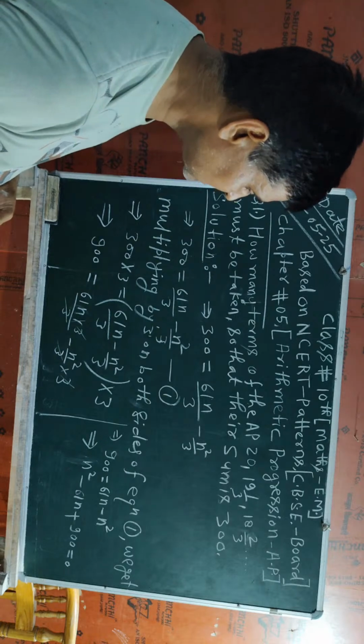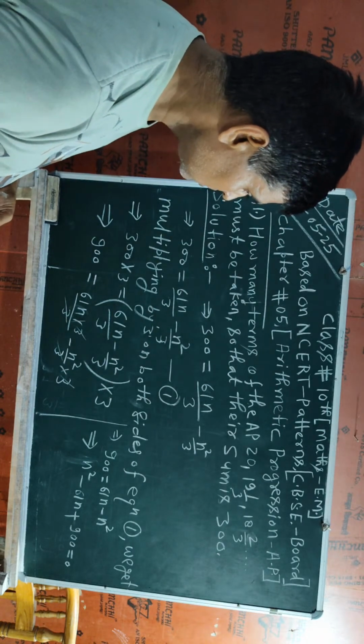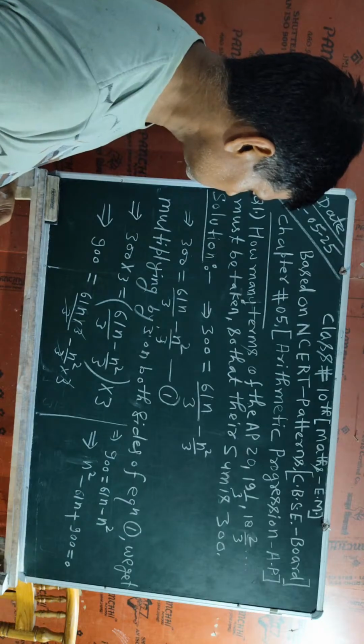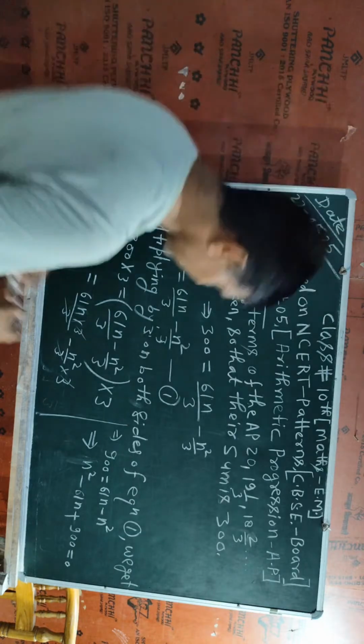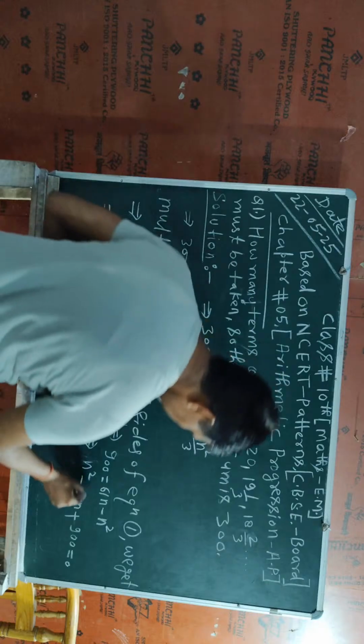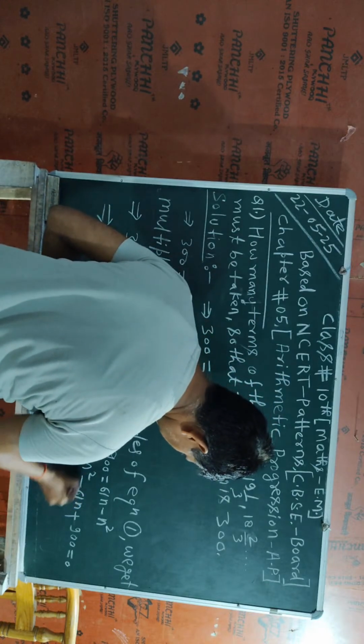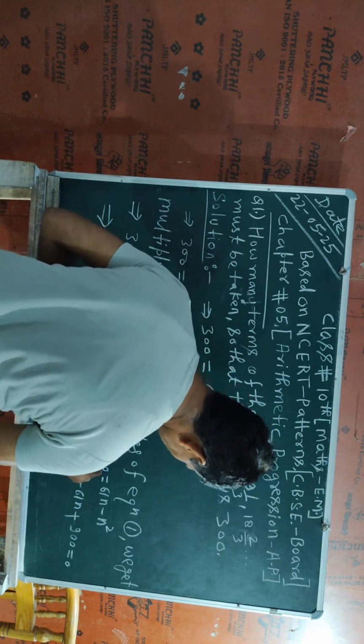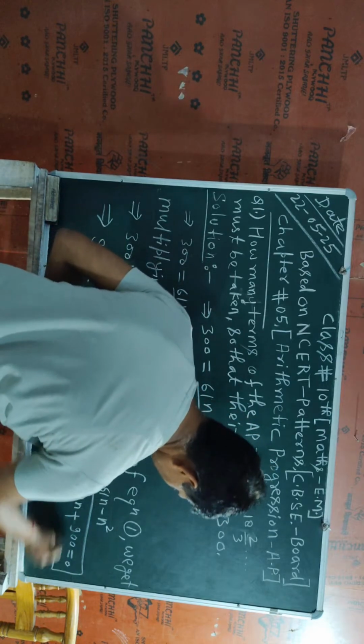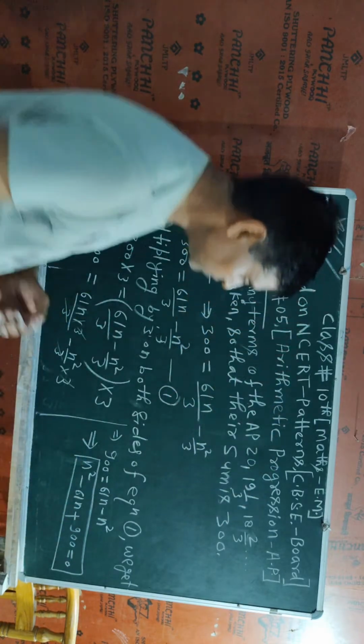After simplification, I have got it. Now further I will solve this quadratic equation. After solving this quadratic equation, I will reach the destination. Okay, this is a very easy way to solve.